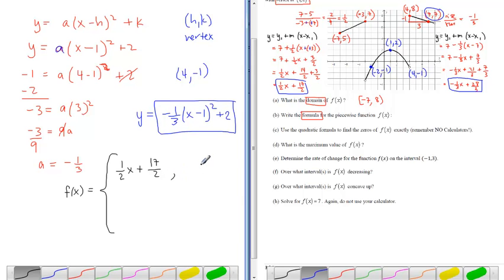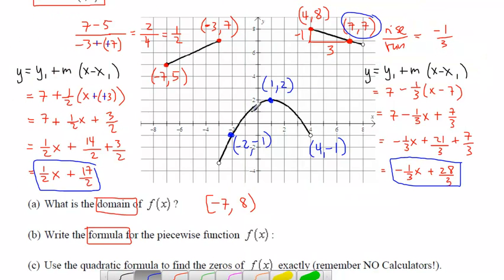And that's going to be defined from -7 to -3. Then the second part is the quadratic, which is -1/3 times x minus 1 squared plus 2. And that's going to be from -3 all the way to 4.